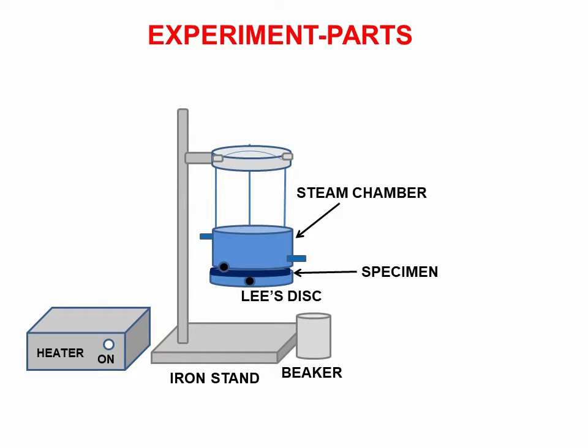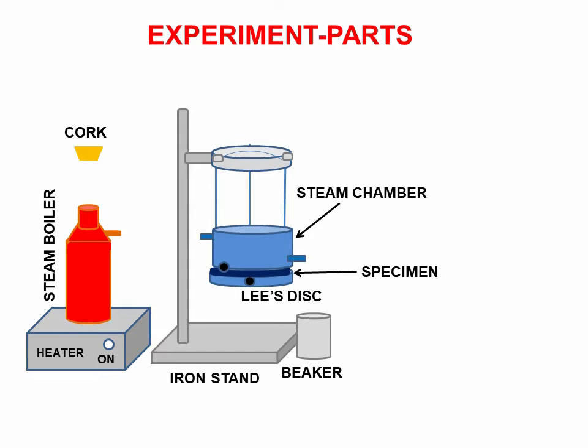A steam boiler is placed over a heater. Take 3/4 of the water in it. Use a cork to close the neck of the boiler firmly. Connect the boiler and steam chamber with a rubber tube.